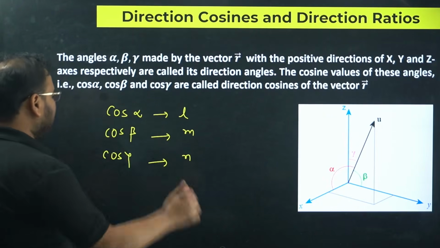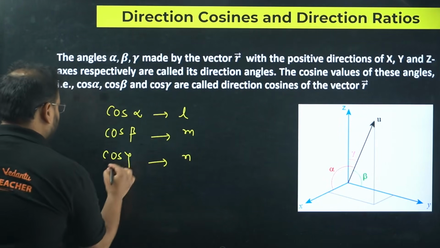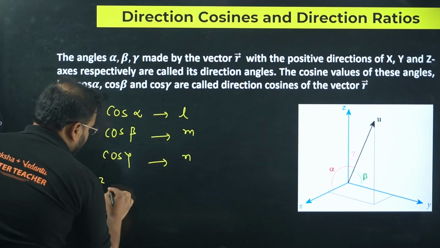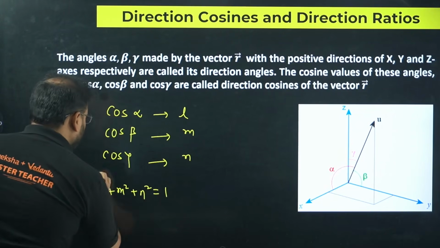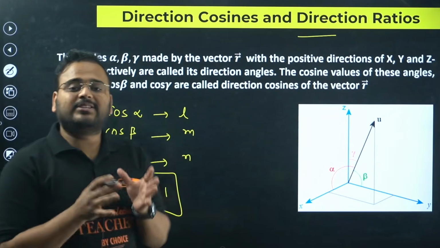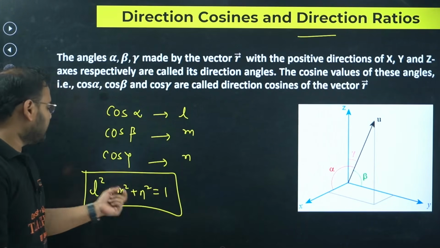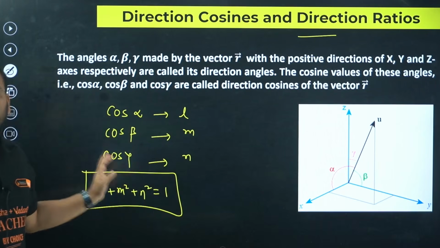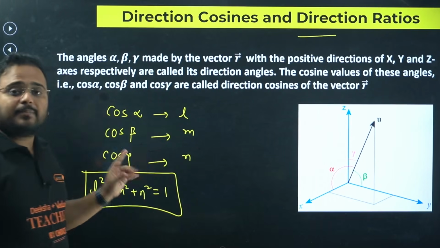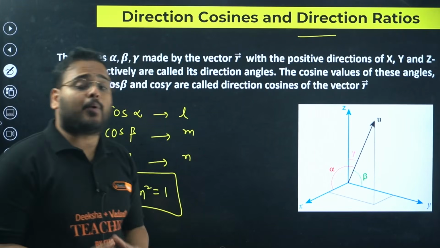We have some important properties alongside this, from where questions actually come. l squared plus m squared plus n squared is always equal to 1. Basically cos squared alpha plus cos squared beta plus cos squared gamma is equal to 1. This is one of the results, but let me tell you one more very crucial result.